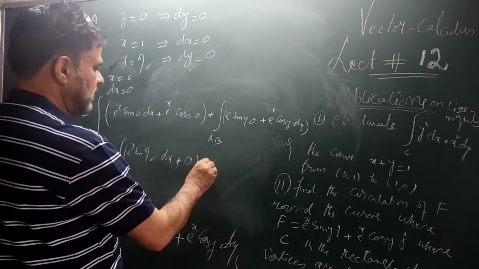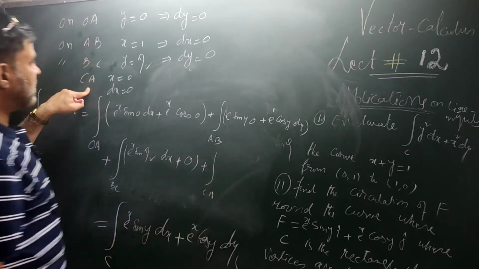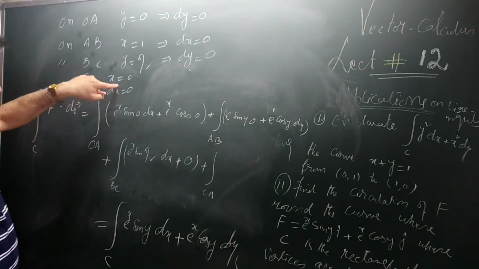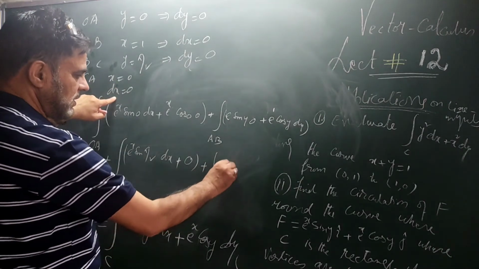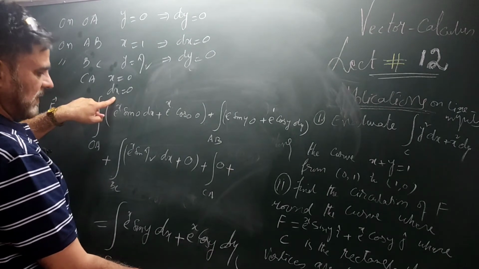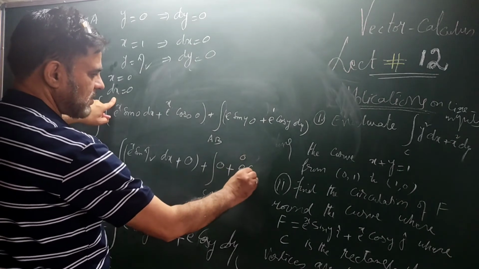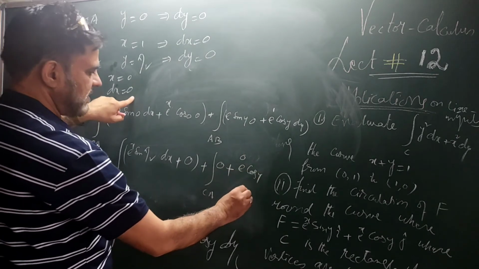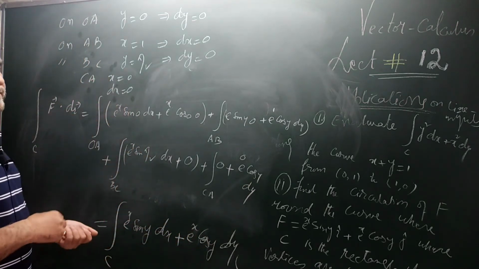And the last integral is along CA. Along CA, x is 0, dx is 0, so this will not survive. It is 0 plus e raised power 0, cos y, dy as it is, because our dx vanishes.